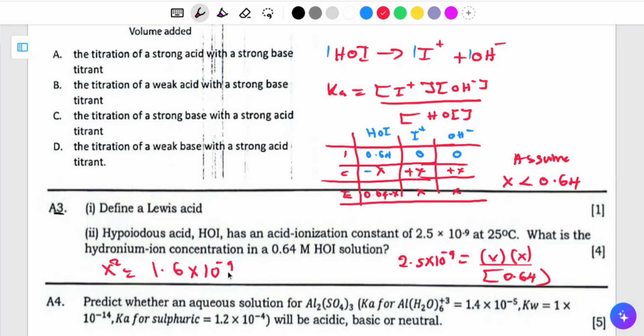Then the root of that, the value of x is going to be equal to 4.0 multiplied by 10 to the power negative 5. So this is going to be the concentration of iodide ion as well as the concentration of hydroxide ion. Remember, we are finding the concentration of hydronium ion. So let's do this.